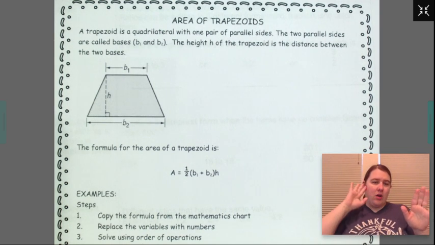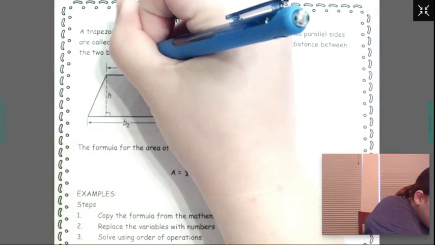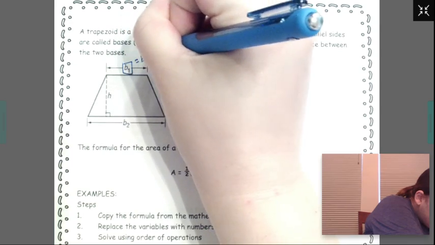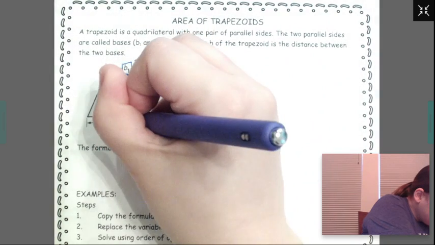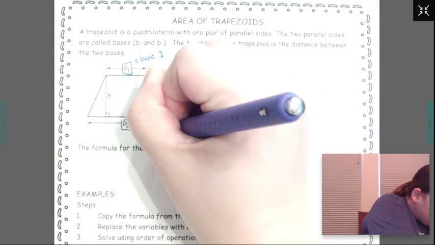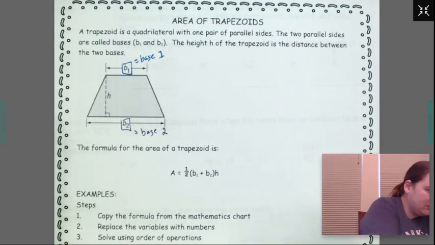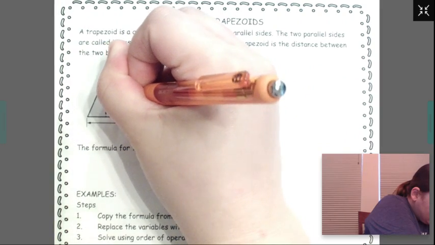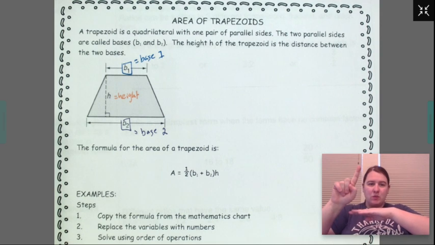All right, we have our picture. So we have our base 1, base 2, and our height.